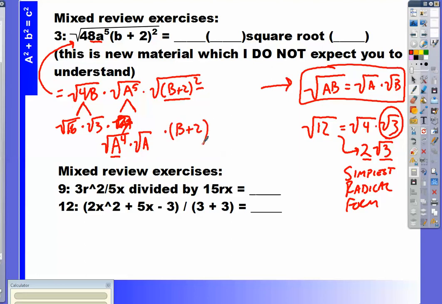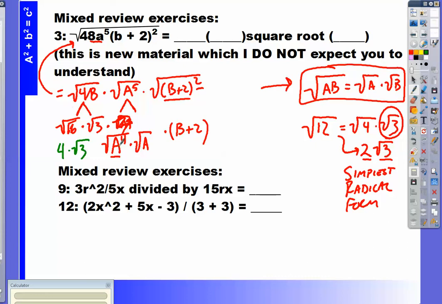Okay, that is probably the easiest part. Second easiest. This is probably the hardest to see. So then, let's see what we have. Well, what is the square root of 16? The square root of 16 is 4. And I have the square root of 3, and I can't do anything with that because it's a prime number and it's not a perfect square.